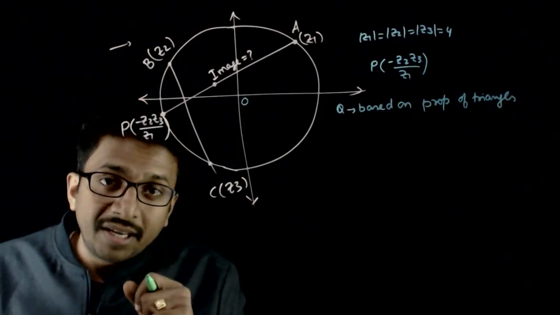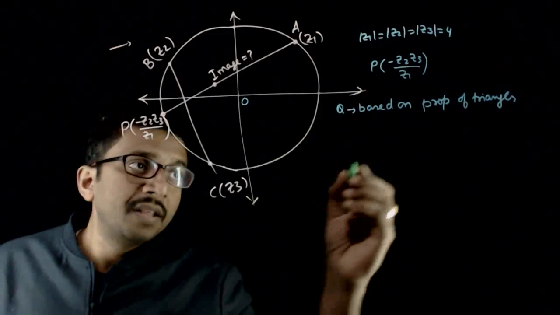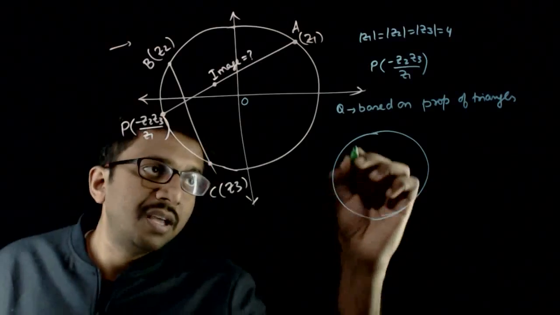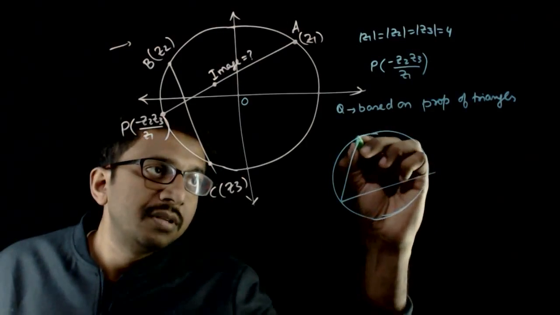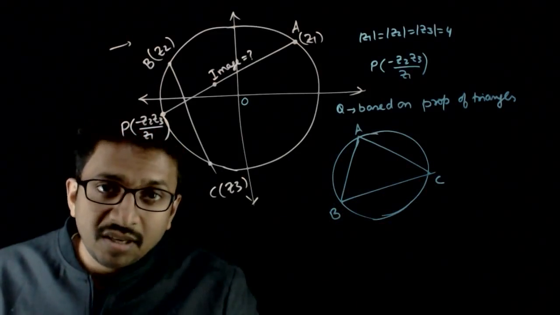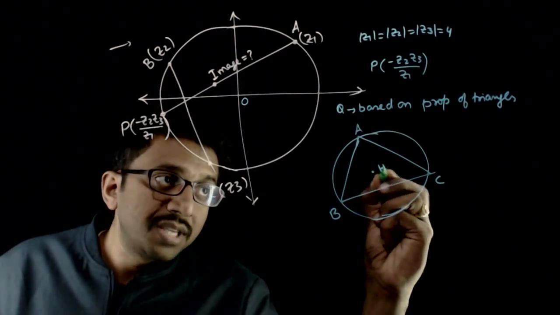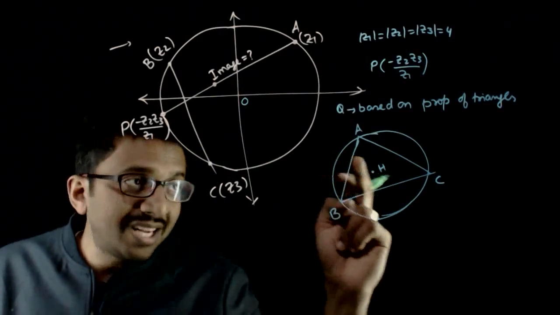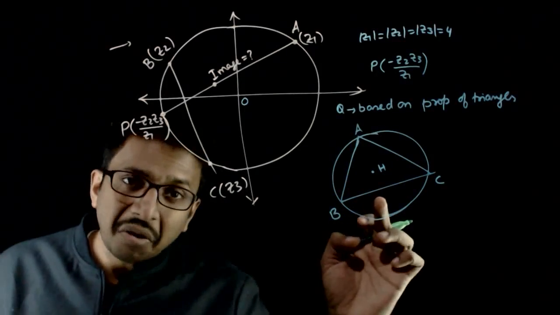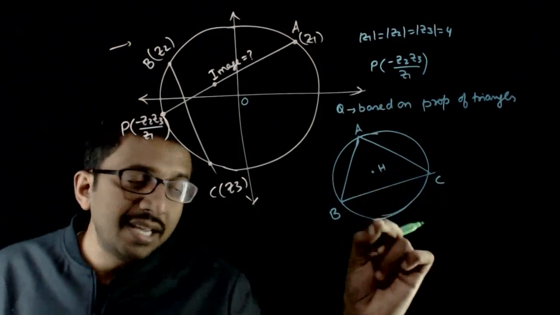There is a property in triangles which I'm going to state now, which we're going to use in this question. The property says: if you have a triangle ABC, the image of the orthocenter with respect to any side lies on the circumcircle.